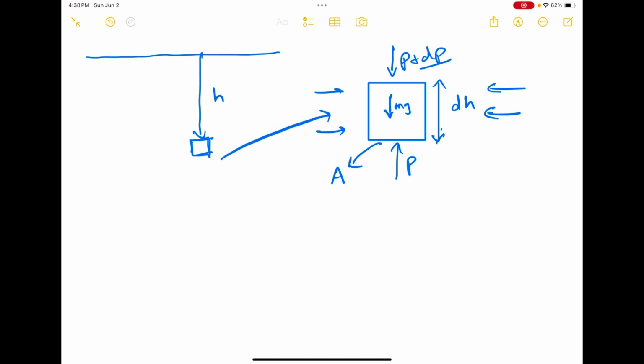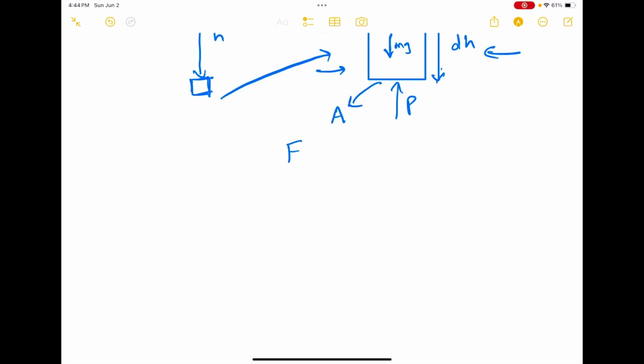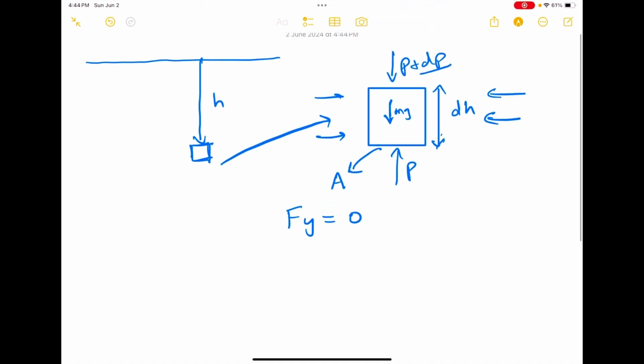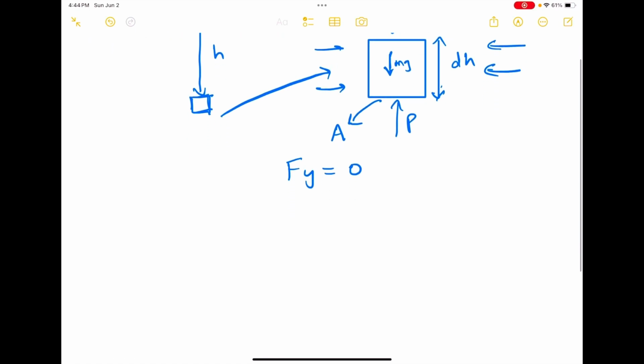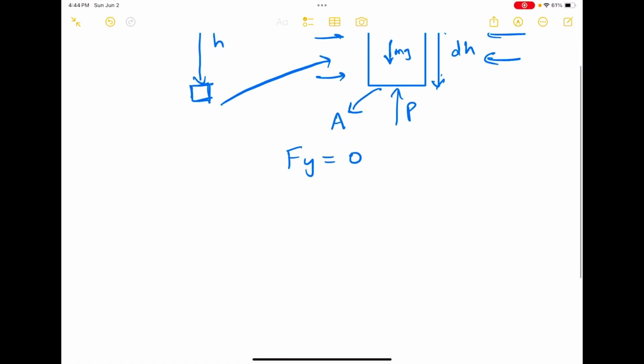However, we know that this fluid element is completely static. So the net force along the y-axis must be 0 too. The net force acting along the y-axis of this cube will be equal to 0. Now we break down all the forces acting on this cube in the equation.